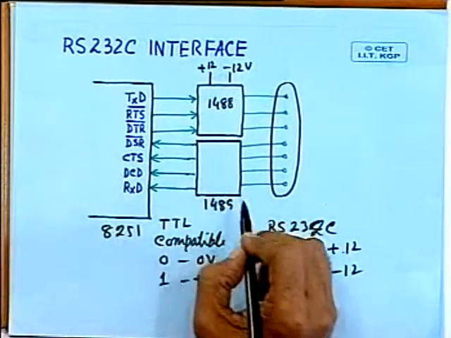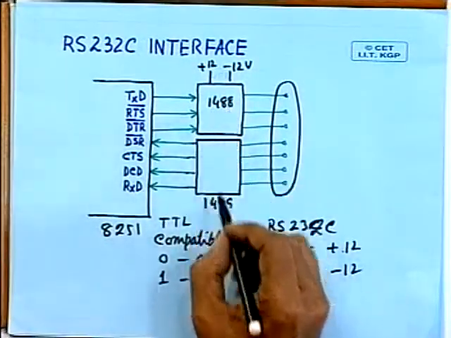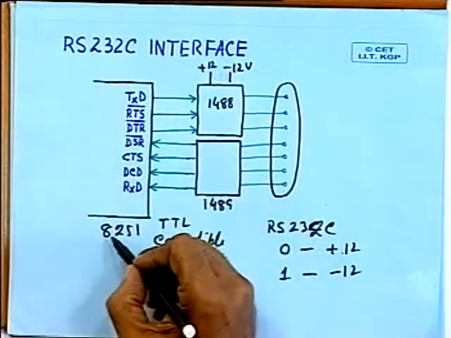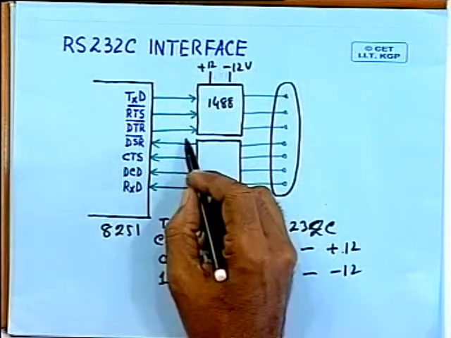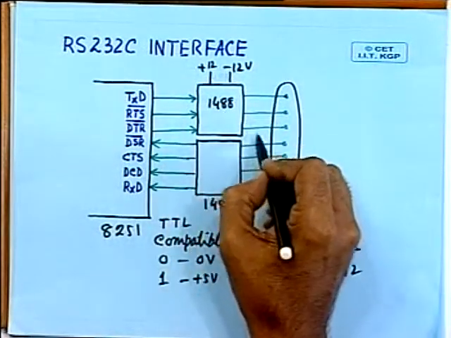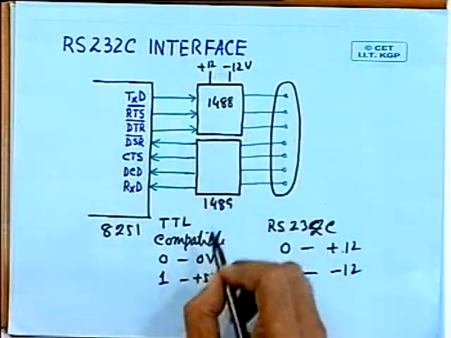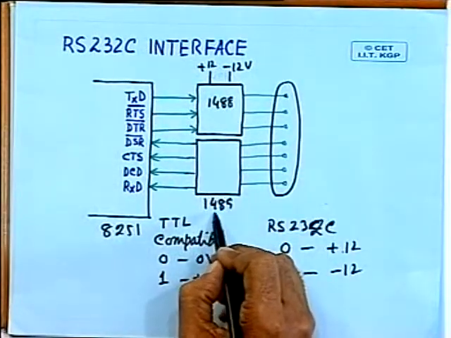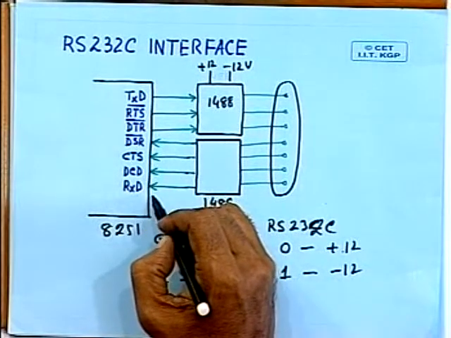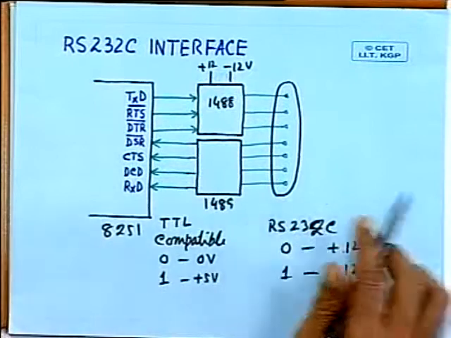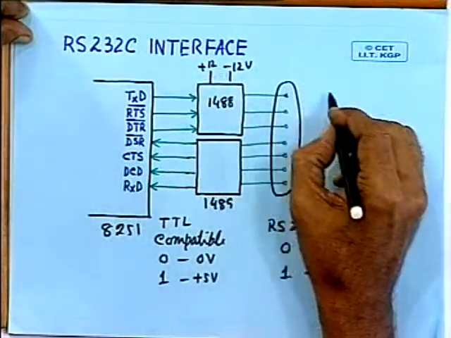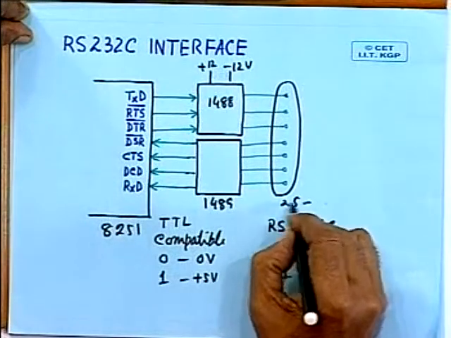So these conversions are done with the help of 1488 and 1489. The three output lines coming out from 8251 can use 1488 to get RS-232C level, and similarly 1489 is used by the remaining 4 lines DSR, CTS, DCD and RXD, which are coming from the RS-232C port. And these lines are now connected to that 25 pin connector.